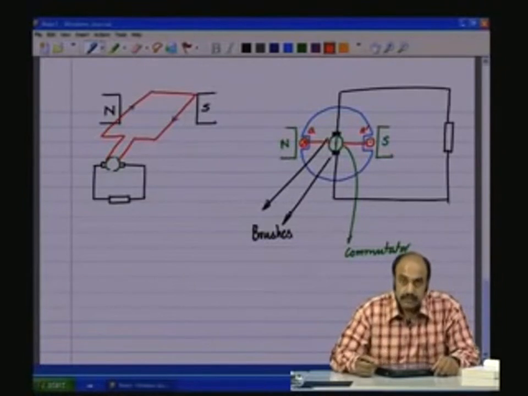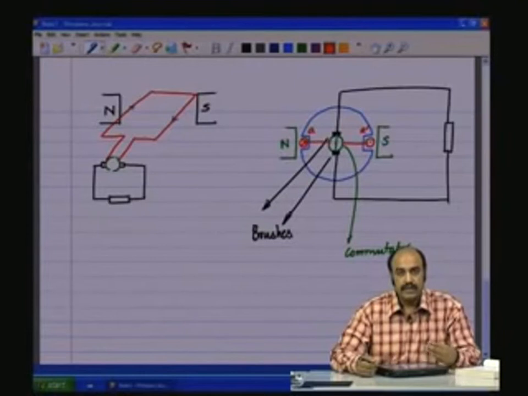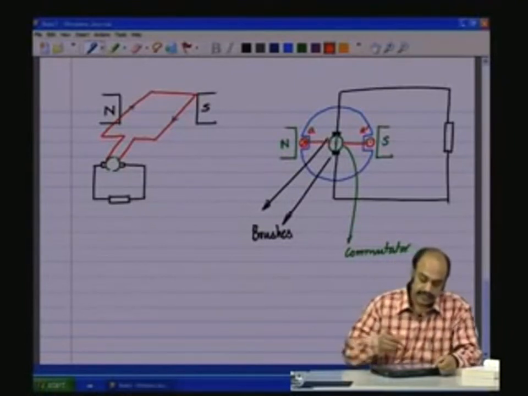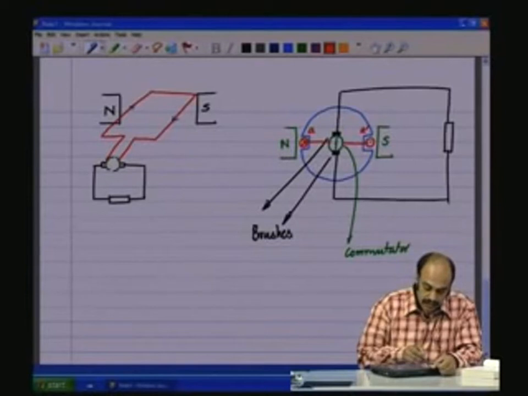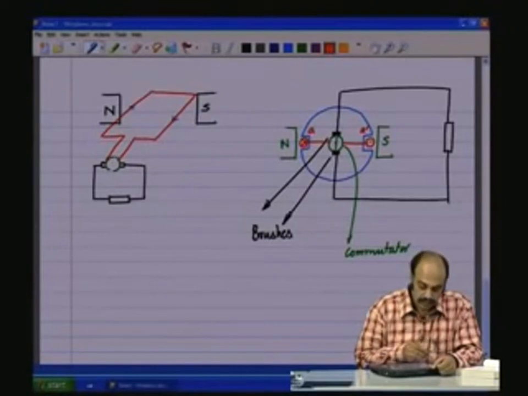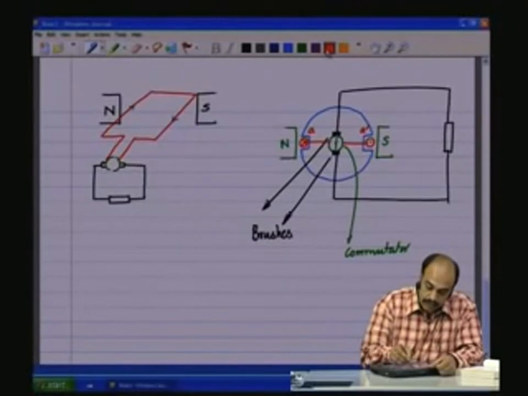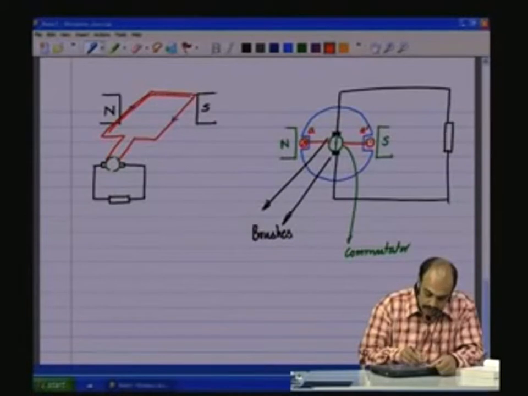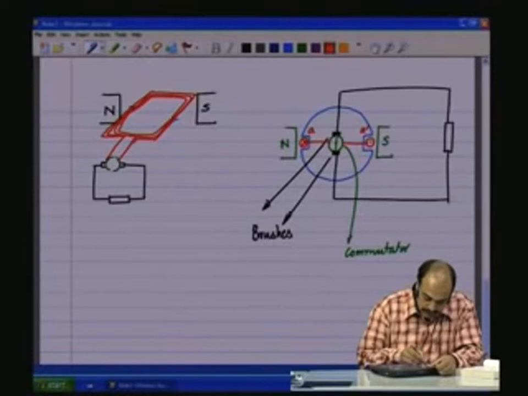Let us consolidate this idea of the DC machine with more coils. Also understand that a coil here means one conductor or one wire being routed through like this, but it could have many wires, like in a transformer, many windings like this, and the ends are brought out.